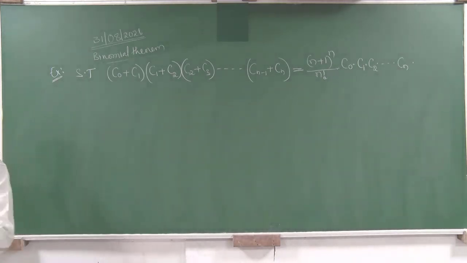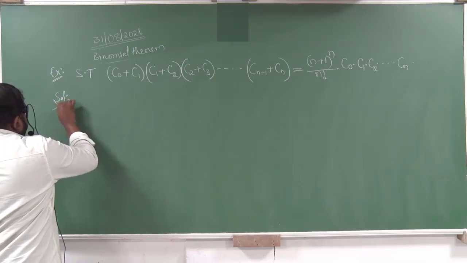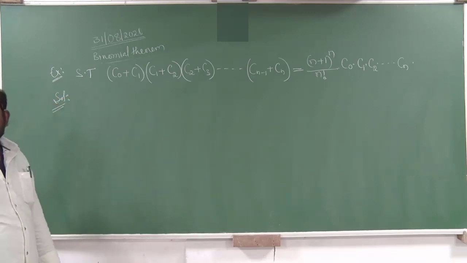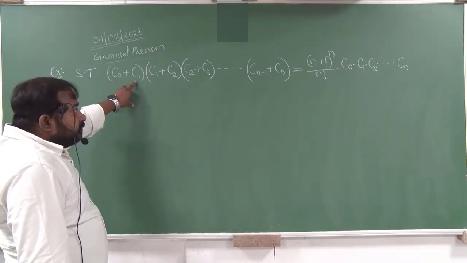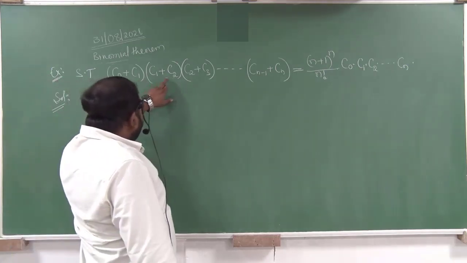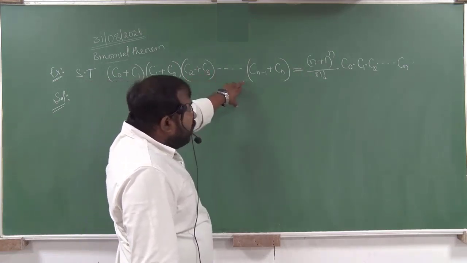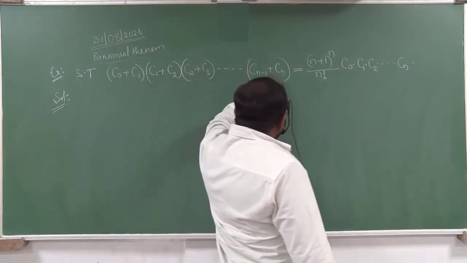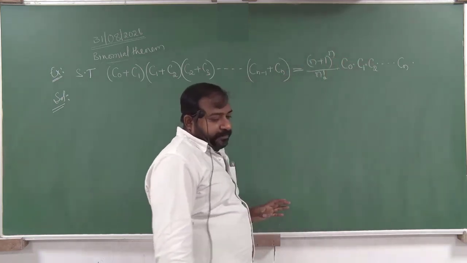Okay, listen. In this example, according to the data, c0 plus c1, c1 plus c2, c2 plus c3, and so on up to cn minus 1 plus cn is equal to this value. Our aim is to show that.